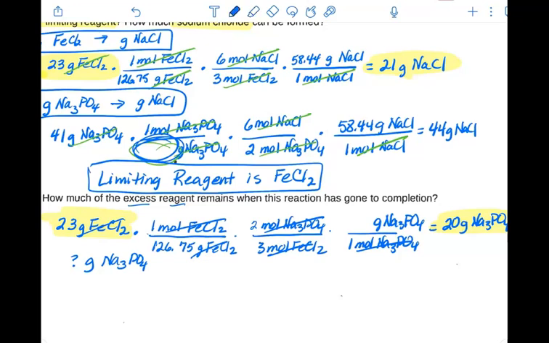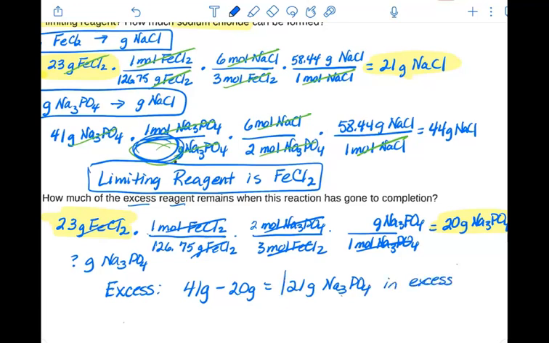I have 41 grams. So my excess is going to be the 41 grams minus the 20 grams that I need. So I have 21 grams of Na3PO4 in excess. And that is your answer there.